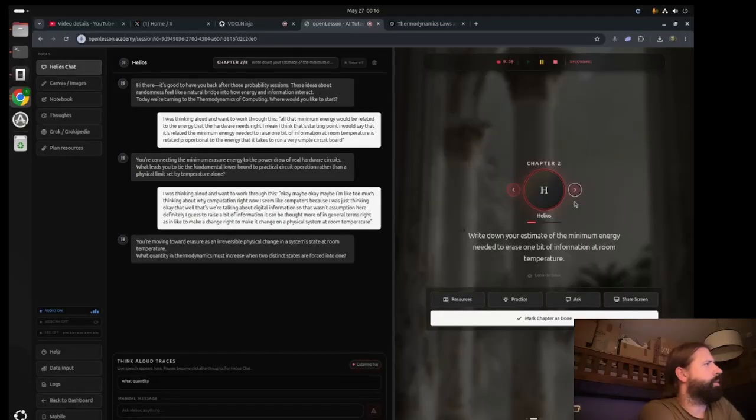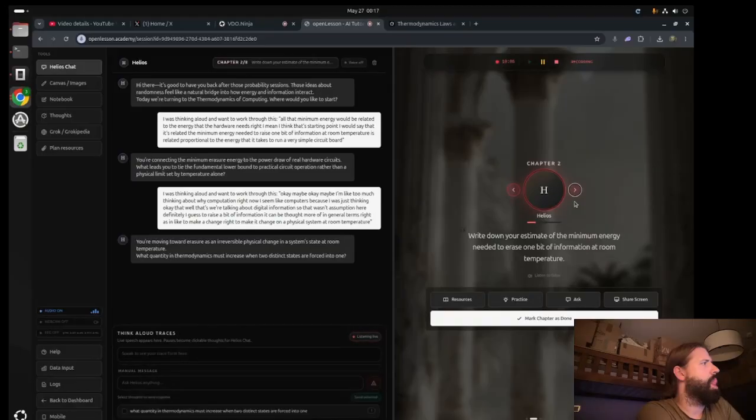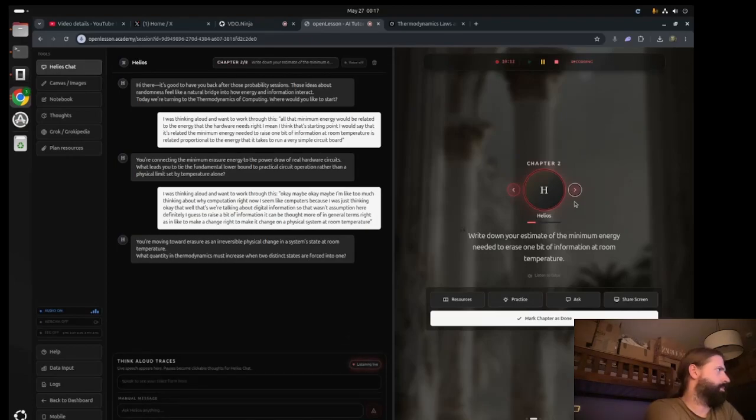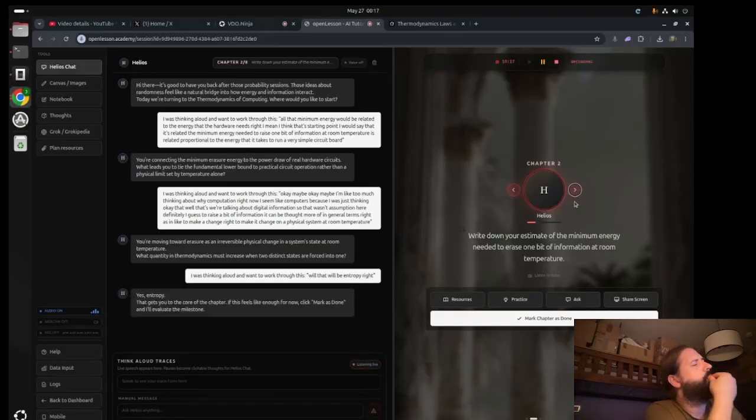What quantity in thermodynamics must increase when two distinct states are forced into one? Well, that would be entropy, right? No, I can't mark it down because we need to estimate the minimum energy needed to erase 1 bit of information at room temperature.